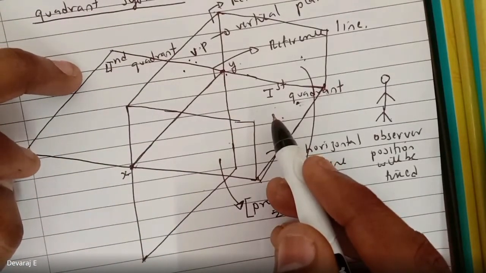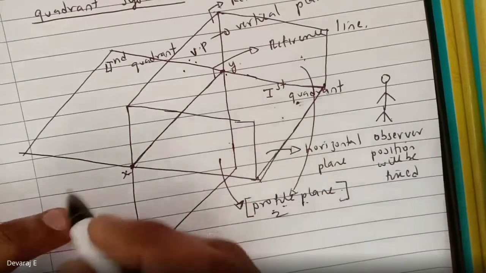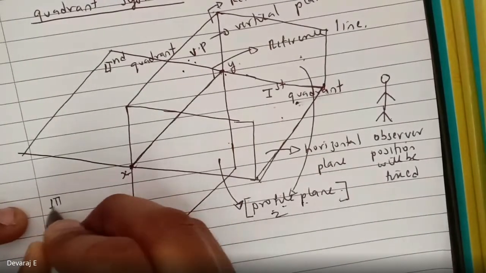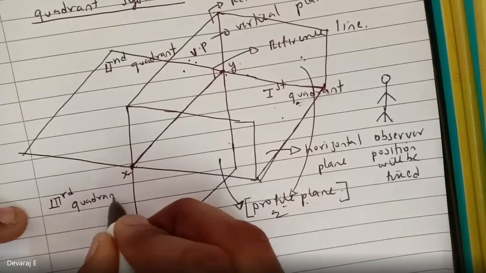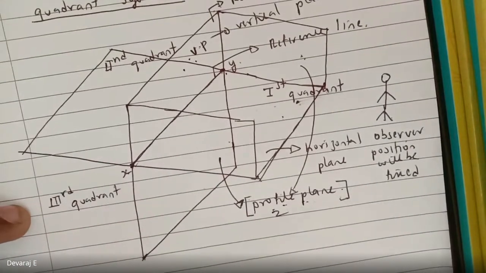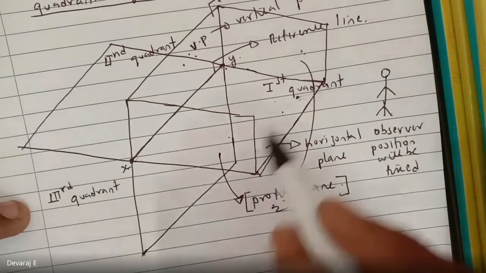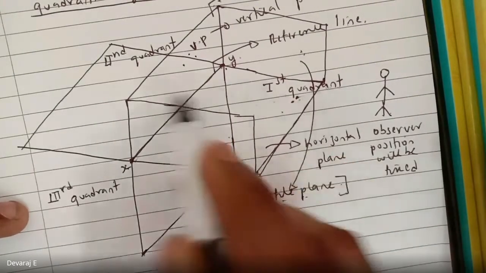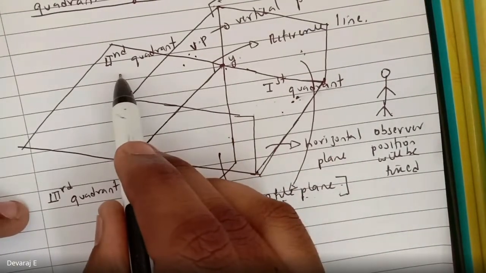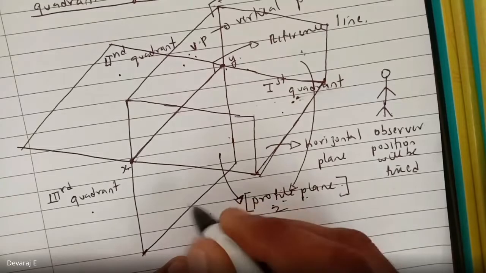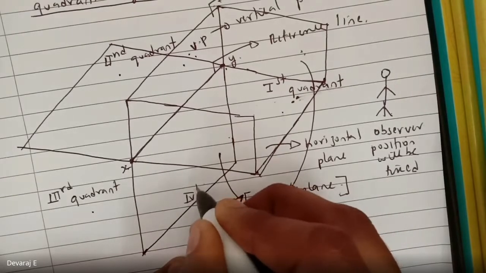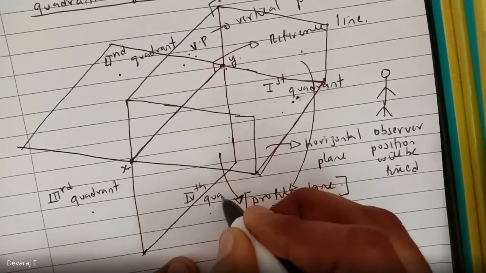Then down here, this is called as your third quadrant system or third quadrant projection. First quadrant projection, second quadrant projection, third quadrant orthographic projection, and here, this is called as fourth quadrant.